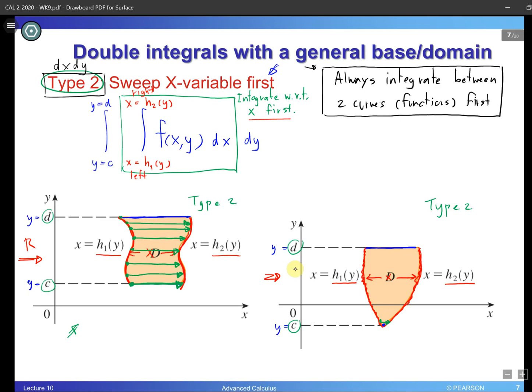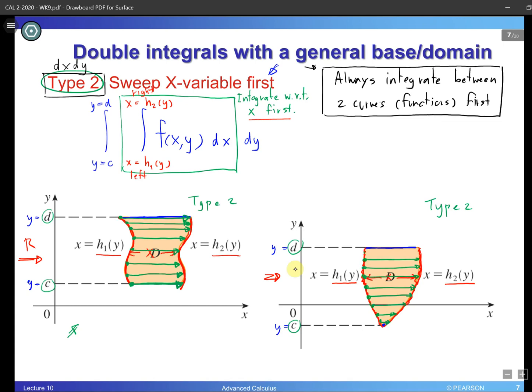And the last one, at y equal to d. Sweeping from left to right. Same thing here, left to right, left to right. Going vertically until we cover the whole region.